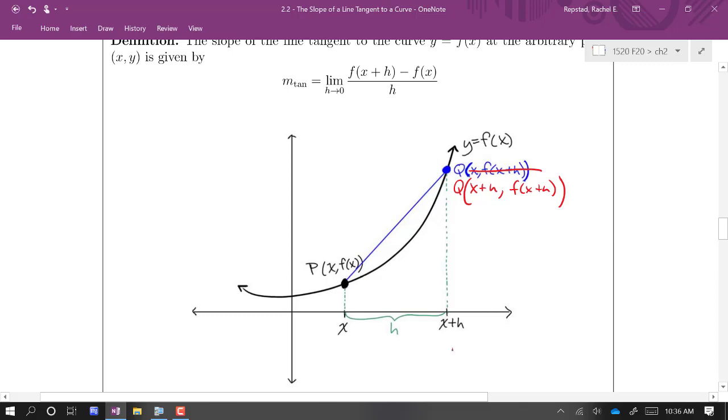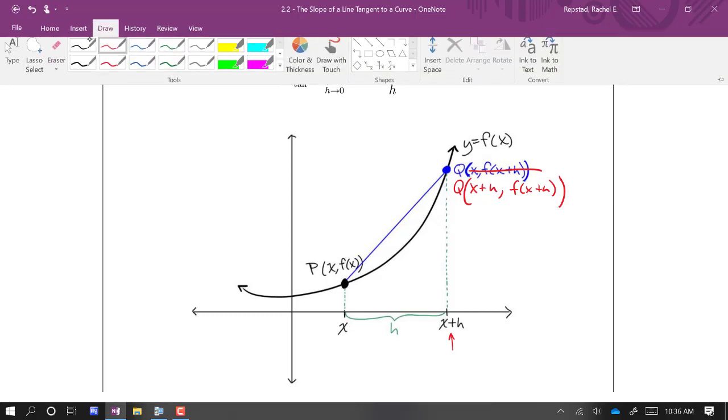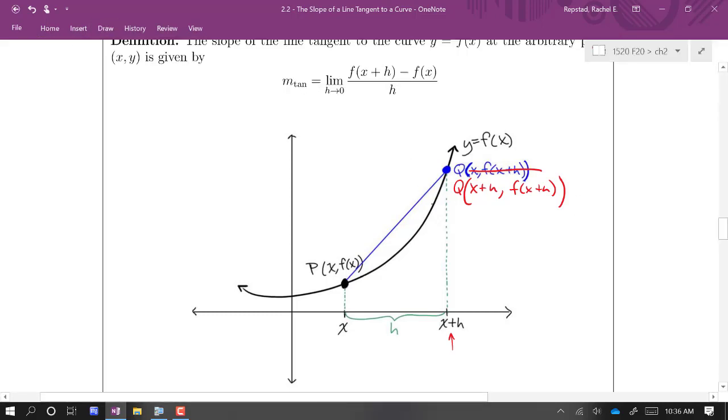So the x coordinate here is now x plus h, and the y coordinate is f of x plus h. The secant slope is f of x plus h minus f of x, there's your change in y's. On the bottom, the change in x's is x plus h minus x, which is h. So just using rise over run, we get this secant slope in this fraction.